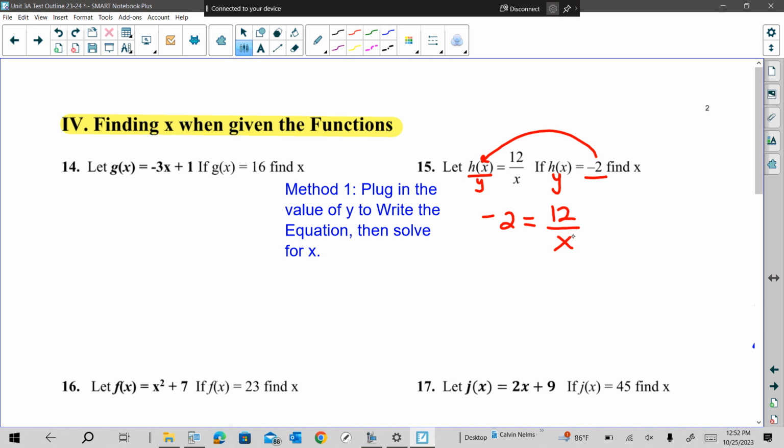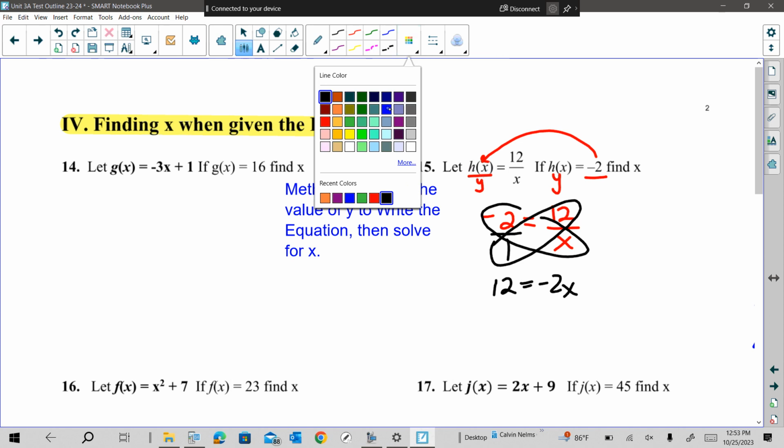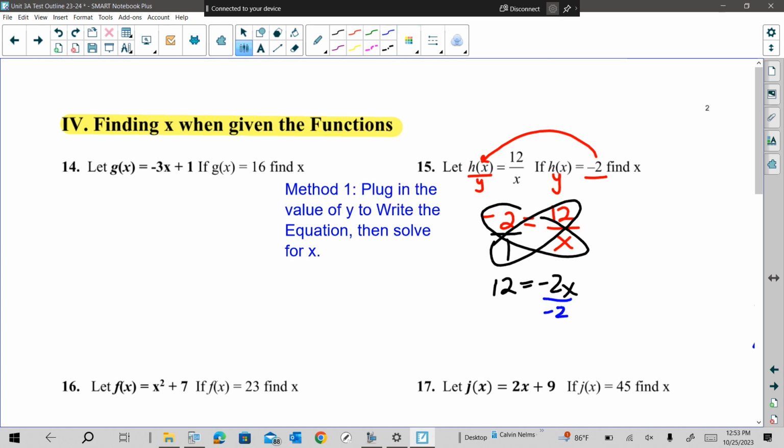Make 2 ratios so that you can cross multiply. So that's 12 and that's -2x. Then to solve, you're dividing by the coefficient, so dividing by -2, our x equals -6.